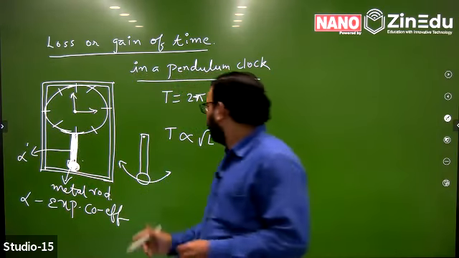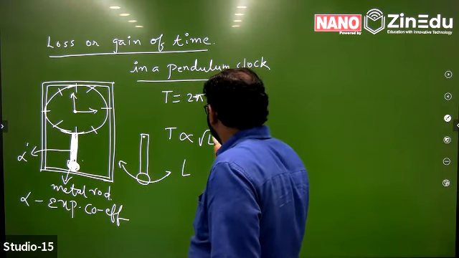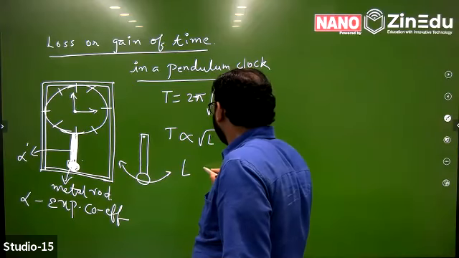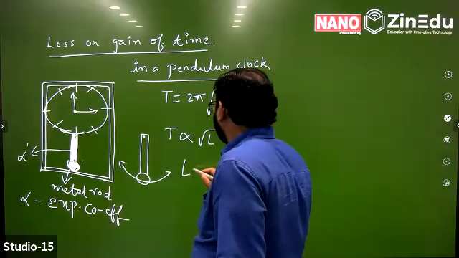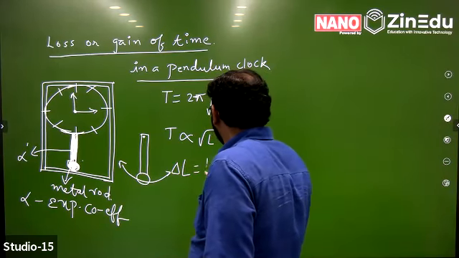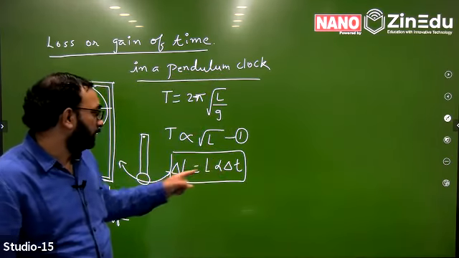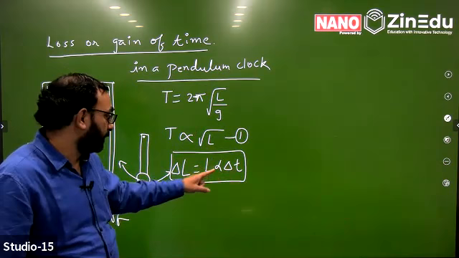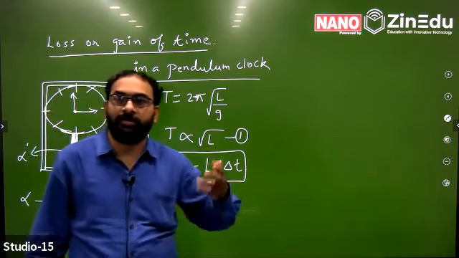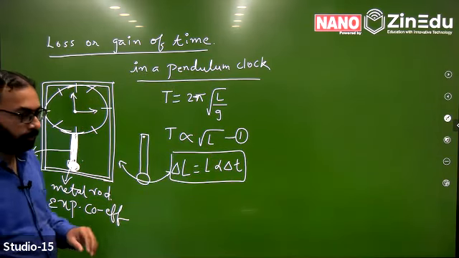The second important point is that the length of the rod depends upon the temperature. Delta L equals L alpha delta T. The expansion of the rod depends upon the rise of temperature, and the expansion coefficient alpha is a constant as long as we don't change the rod.